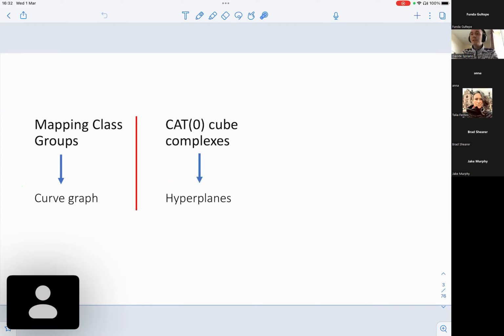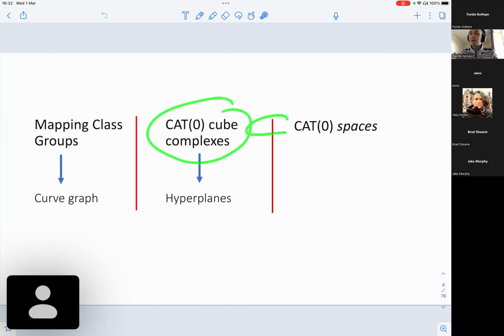Okay, so this picture leaves out the class of Katsir spaces. Katsir spaces is an overclass. All Katsir cube complexes belong to Katsir spaces, but this is a larger class. And as it is larger, it is more wild because it contains more pathological examples.